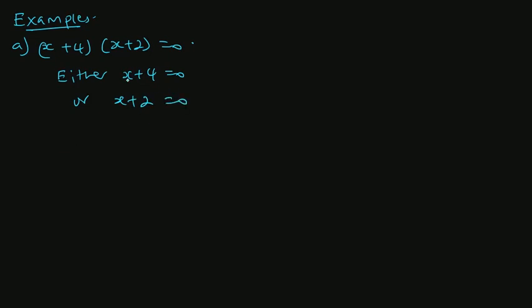If we have x plus 4 as a 0, then when you take 4 the other side, x will be equal to negative 4. Then if x plus 2 is equal to 0, then our x will be negative 2. So the values of x here are negative 4 and negative 2.